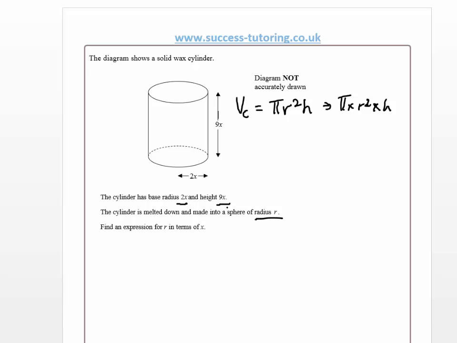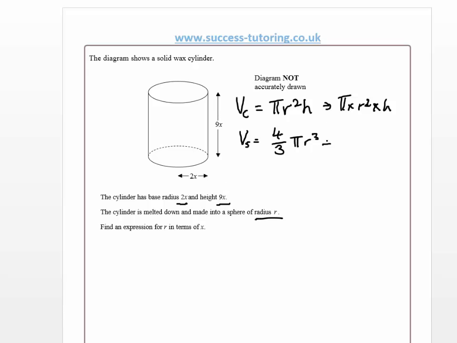They've also told us that this shape was melted down into a sphere, so we need to know the volume of a sphere off by heart as well. So I'm going to put volume S there is equal to 4/3 pi r cubed.